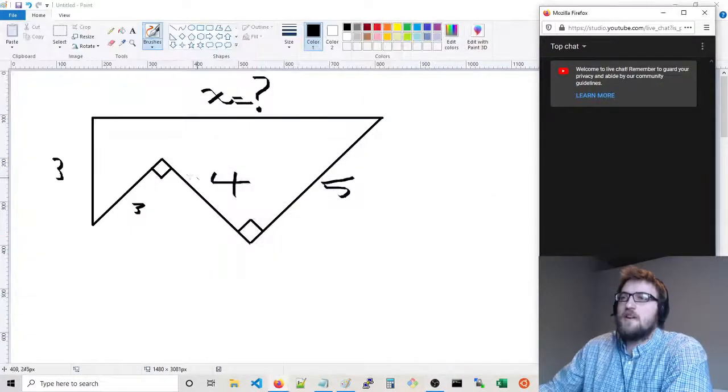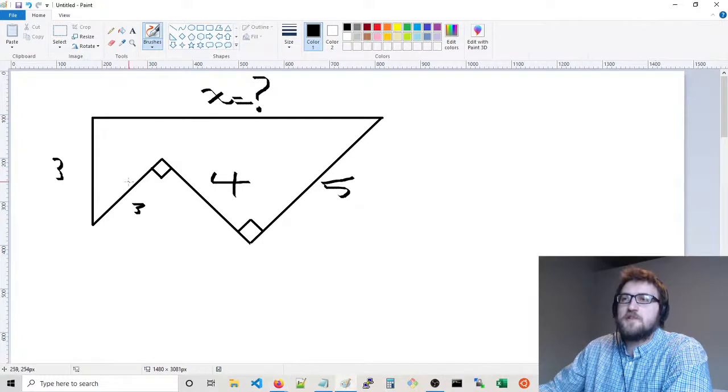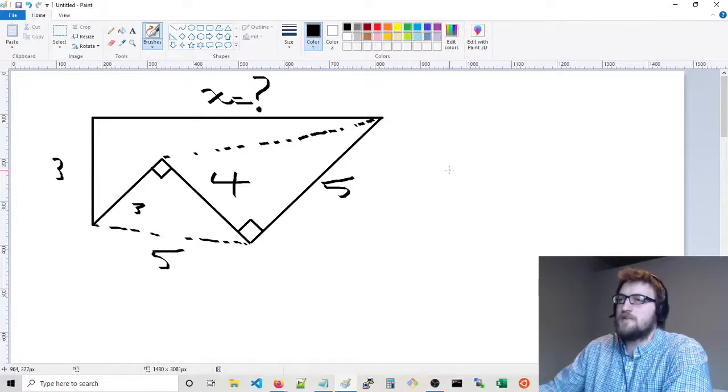I thought this was an interesting question. And I said, okay, you know what you can do? You can take this. This is a 3, 4, 5, right? Pythagorean theorem. We know that. And this is another triangle, let's call that y.